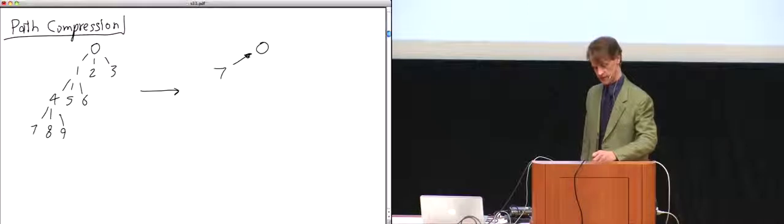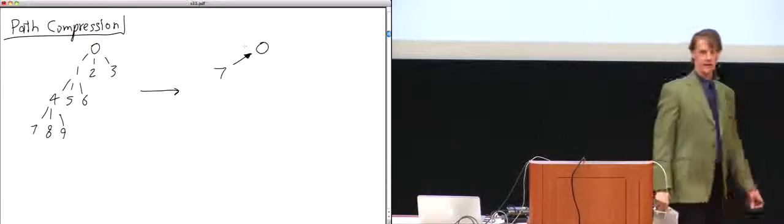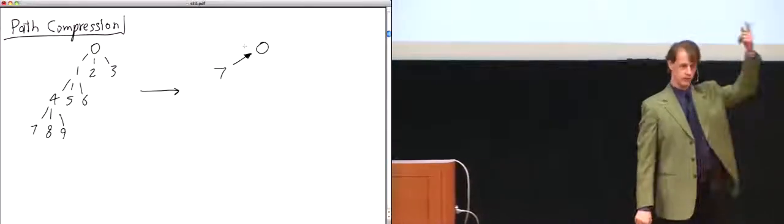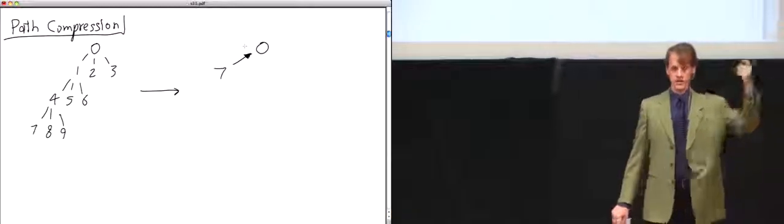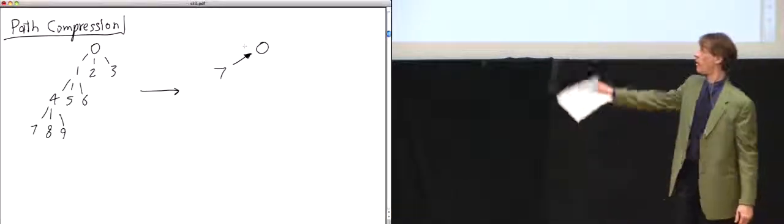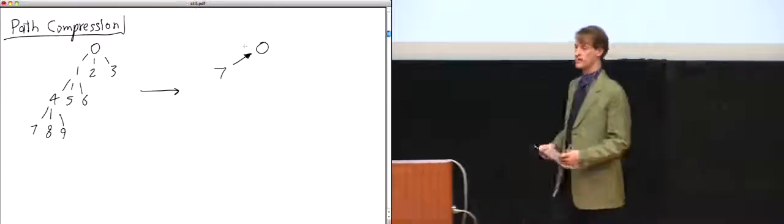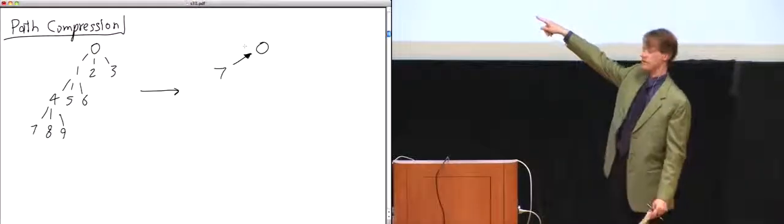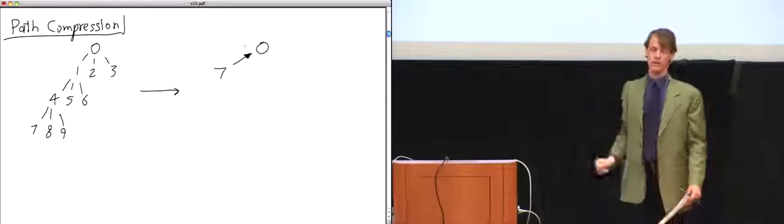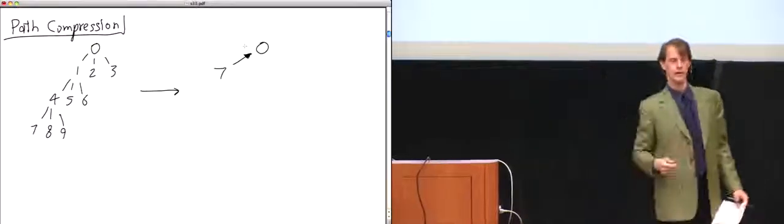So that's the first idea of path compression: if I find out that the root of my tree is 0, just make 0 be my parent. And that way I can skip all the middlemen. The second idea is, okay, if I'm going to do that to the 7, why don't I do it to the 4 and the 1 as well as I'm walking up the tree?